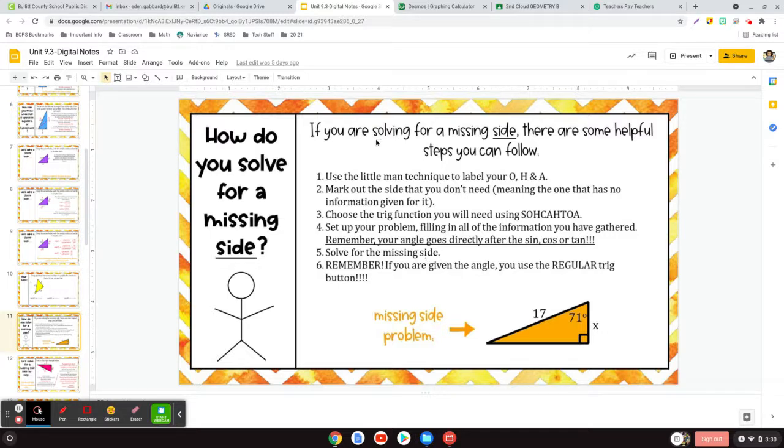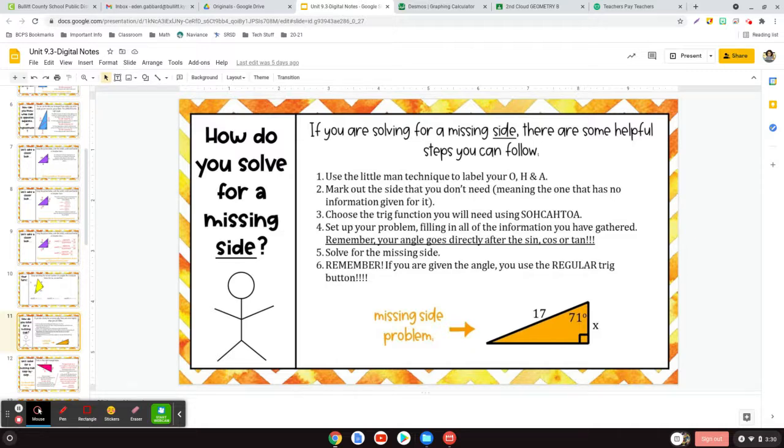When we are solving for a missing side, these are the steps that you can follow. We use the little man technique to label our opposite, our hypotenuse, and our adjacent. We mark out the side that we don't need. So if we have one side that has no information given for it, we don't need it.